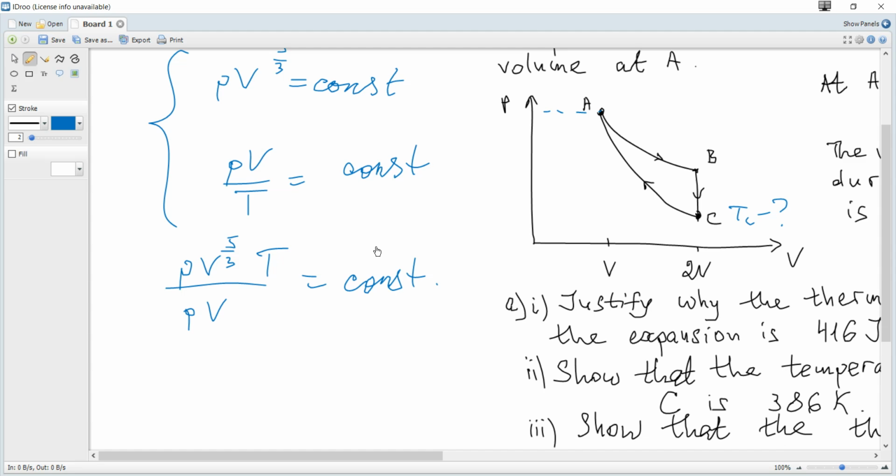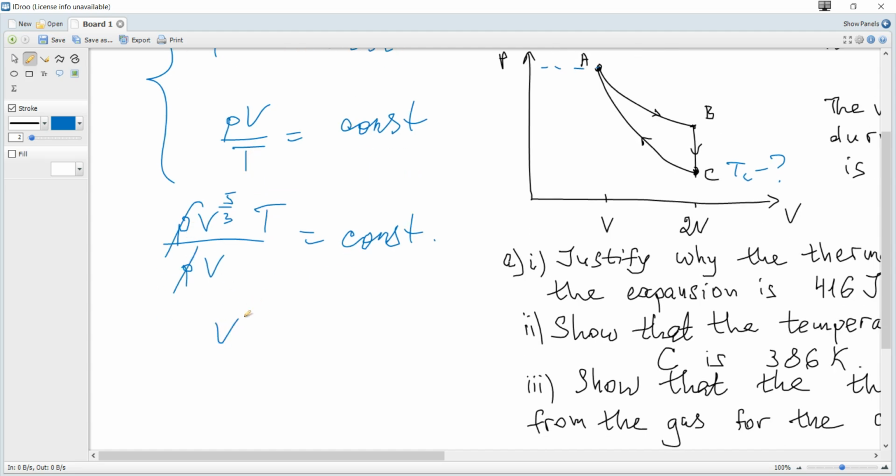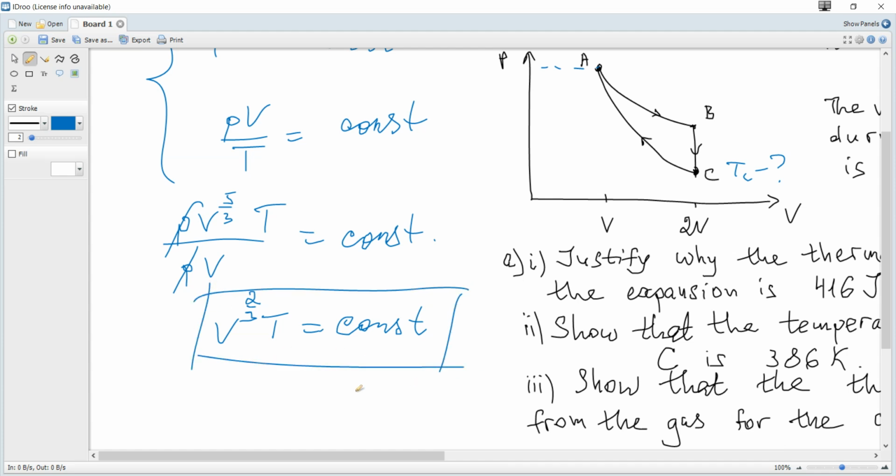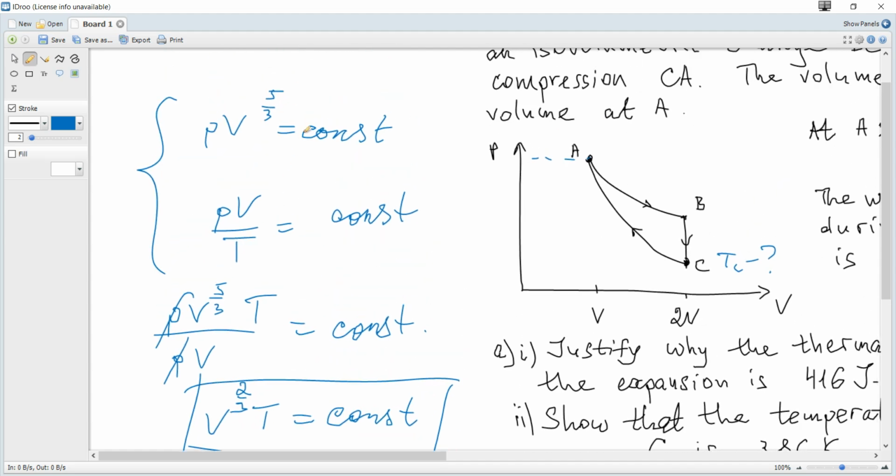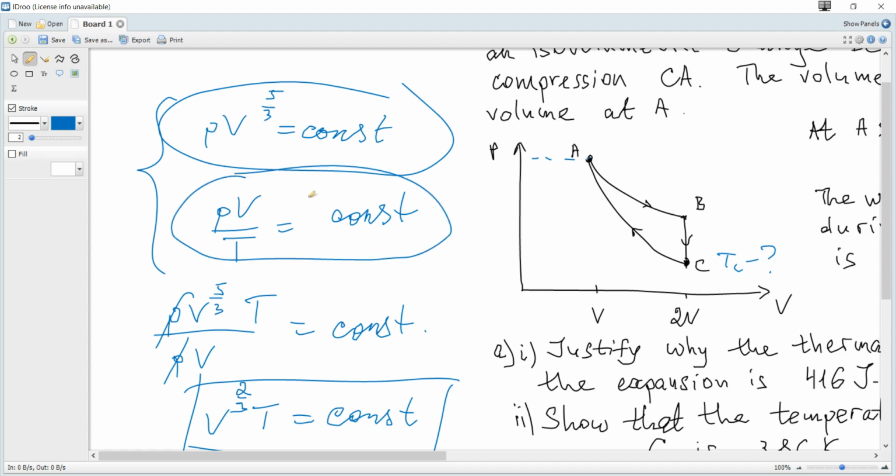It's another constant, and you can see that it becomes just V to the power of 2/3 T is constant for an adiabatic process. This formula is not given in the data booklet, and it may be a question to show or to get this formula. Or you may consider A and C, use the first formula to find P first, and then apply this formula to relate temperatures and hence find TC.